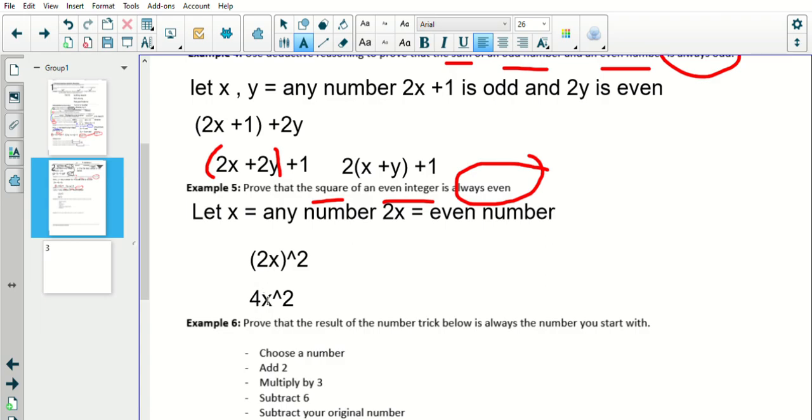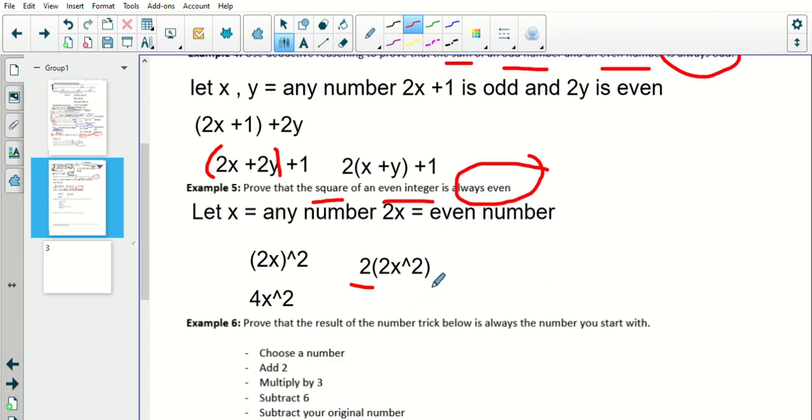Well, I can take a 2 out because I want an even number, and an even number is always going to be multiplied by 2. So that gives me 2 times 2x squared. Okay, and because I have that 2 out in front, that's going to tell me that no matter what number I put into the x, it's going to be an even number. Okay, so we've just proved mathematically that if I square any even integer, it is going to be an even number.